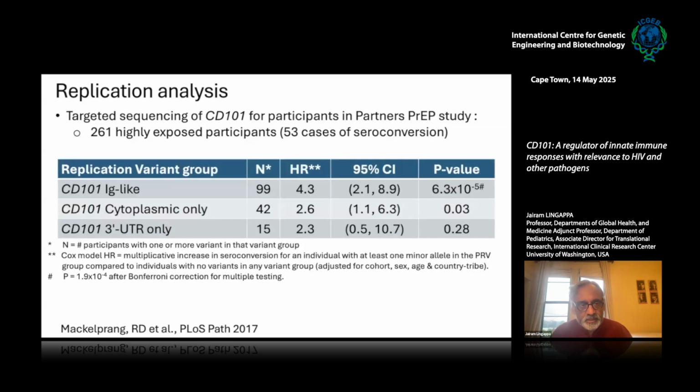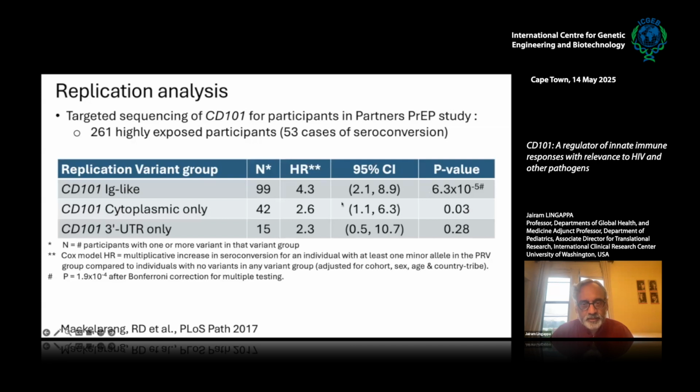And what we found when we divided these variants that we genotyped into the different categories, the IG-like extracellular variants, the cytoplasmic variants, and the 3' untranslated region variants, was that the strongest association, a hazard of fourfold increased risk, was a statistically significant association with the IG-like variants.